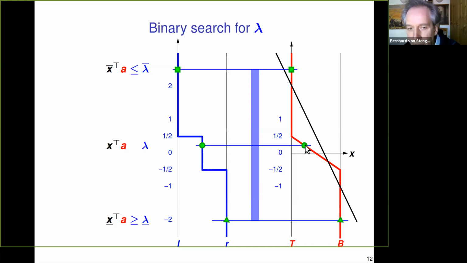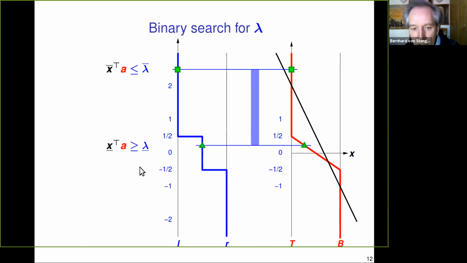Now we see this is below the hyperplane, the black thing, so we have the inequality greater than here. And so we move up the lower bar. So we have cut the interval in half, and we still have one equilibrium above and one below, and the curve here will intersect the hyperplane, and therefore we know the search will eventually succeed.